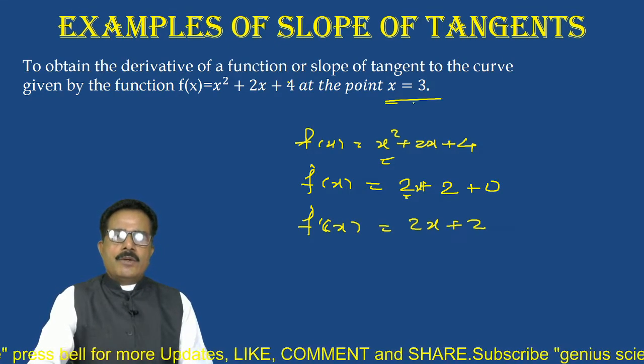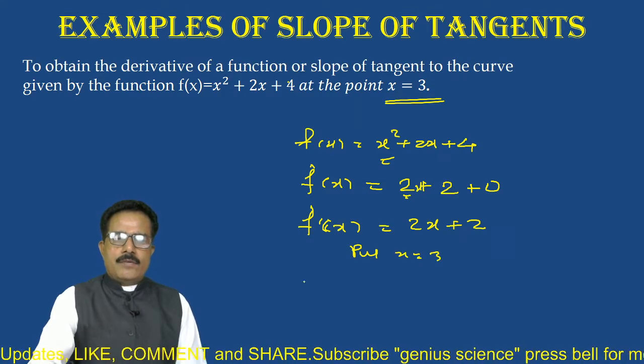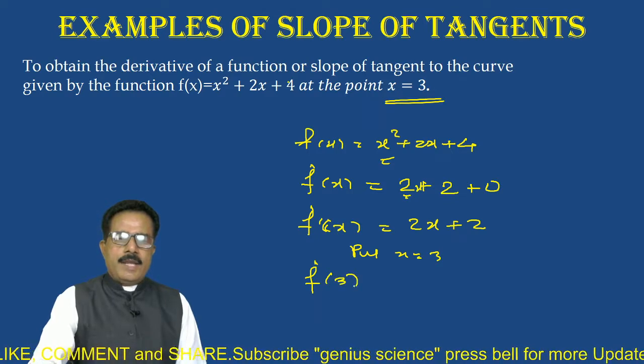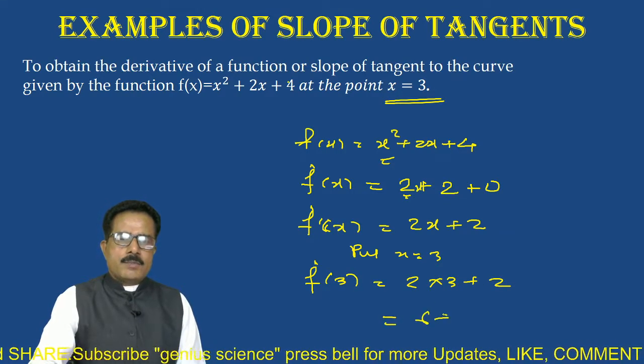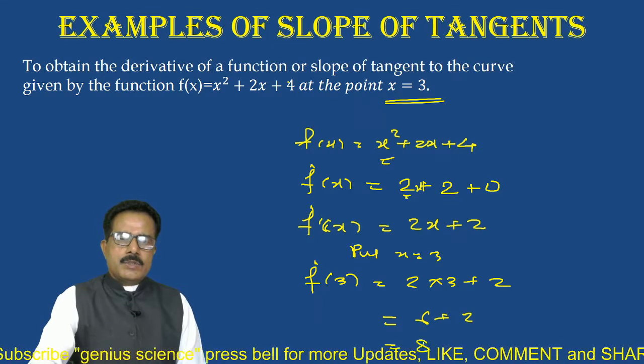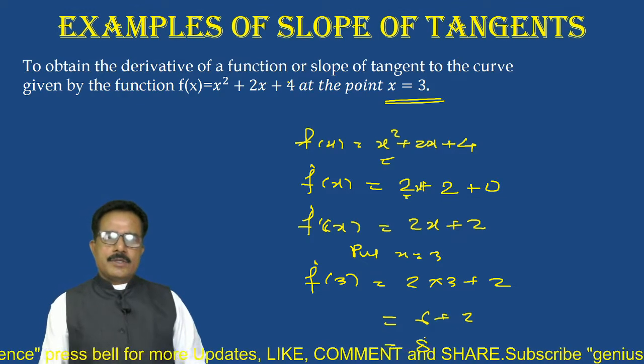But we have to find the slope at a point 3. Put x equals 3, or for x equals 3, f dash of 3 is equal to 2 into 3 plus 2, that is 6 plus 2, that is equal to 8. This is the solution for finding the slope of a given function at x equals 3.